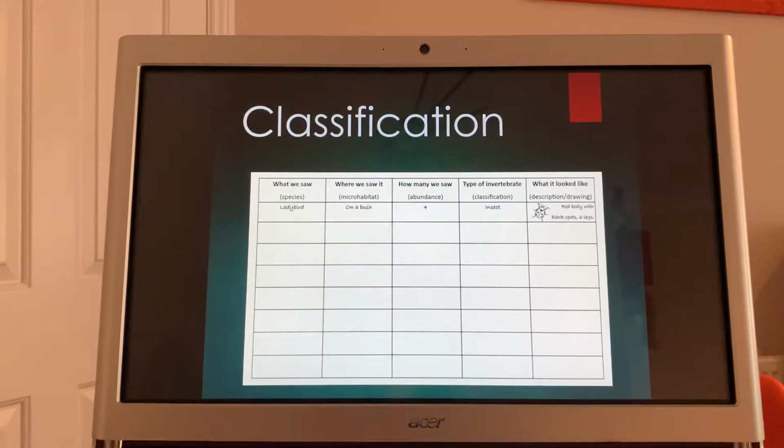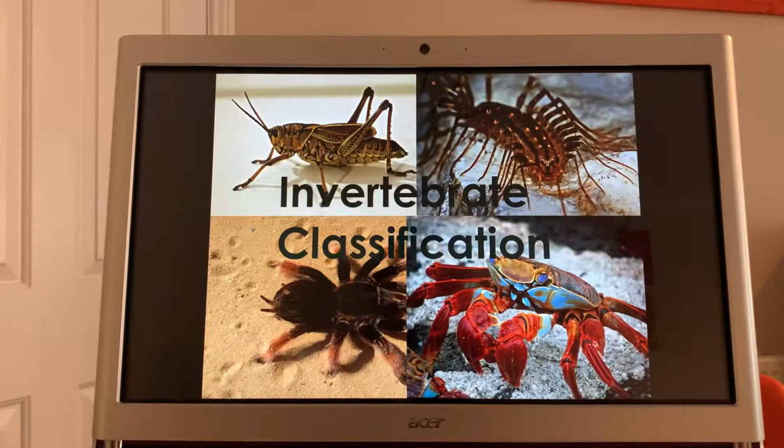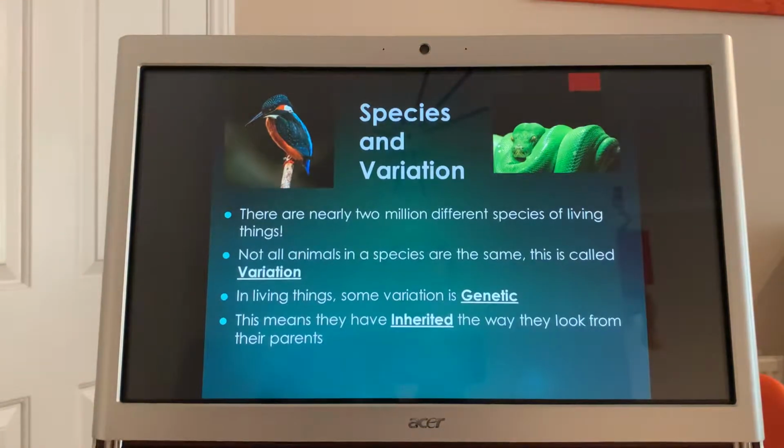But what about the others? So today we're looking at invertebrate classification. And as I said on Tuesday, the marvelous thing about this is you can hit the pause button if I go too quickly, so you can really look and take in what I'm showing you and sharing with you.